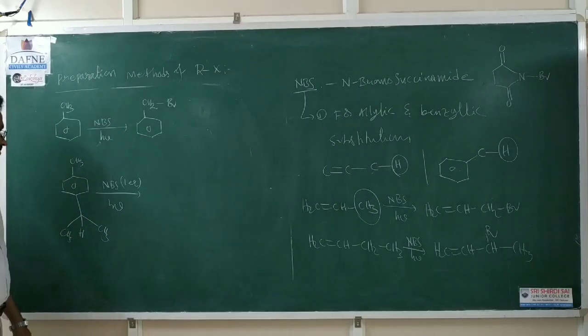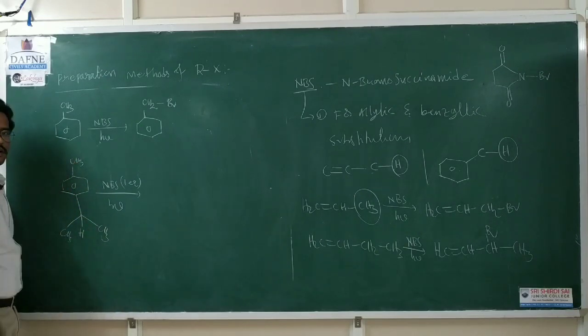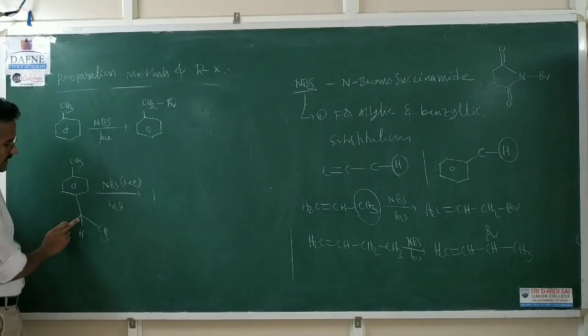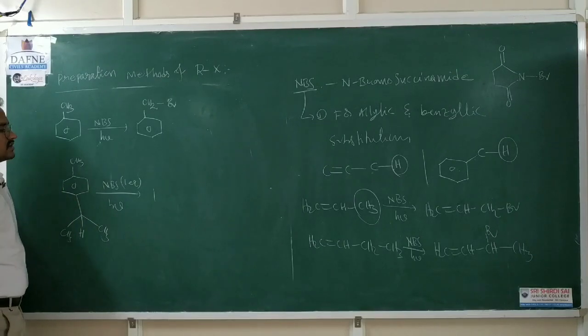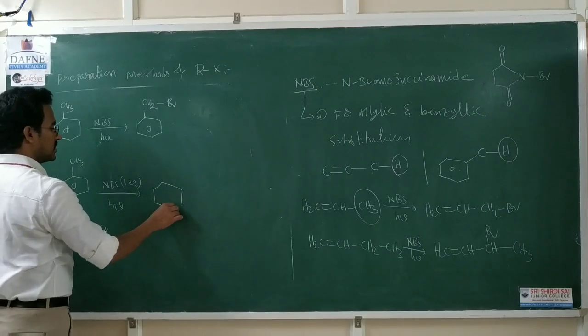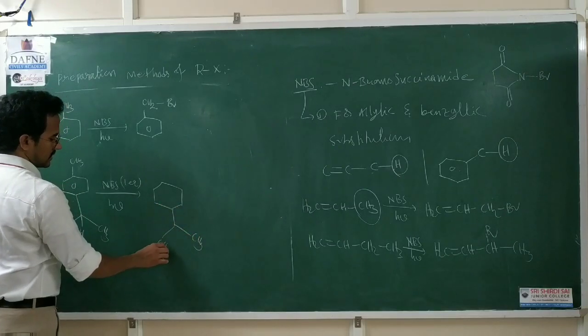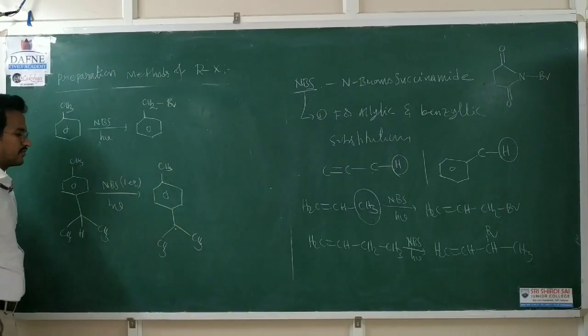So by removal of the hydrogen, we get the benzyl radical here, and this carbon also gives a benzyl radical. But one is primary and one is tertiary. Between primary and tertiary radical, which is more stable? The tertiary radical is more stable. So that's why this hydrogen is easily replaced by the bromine.